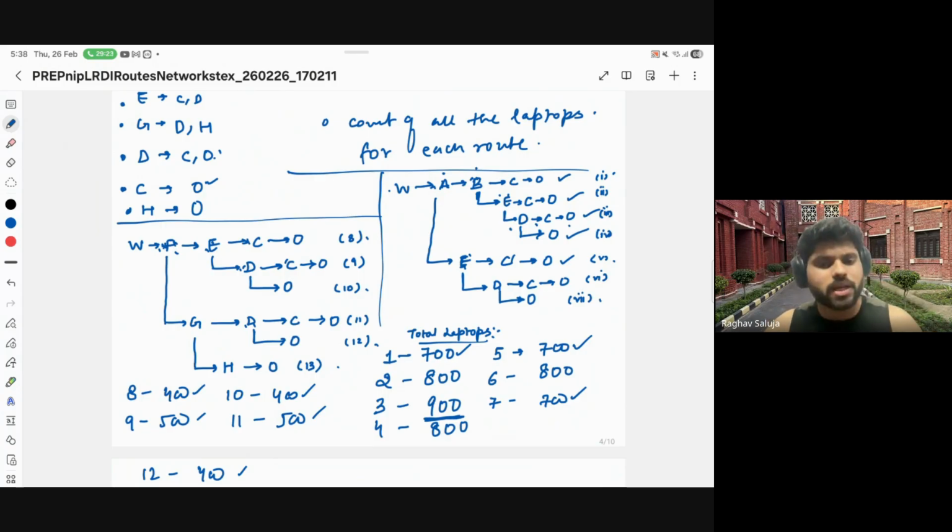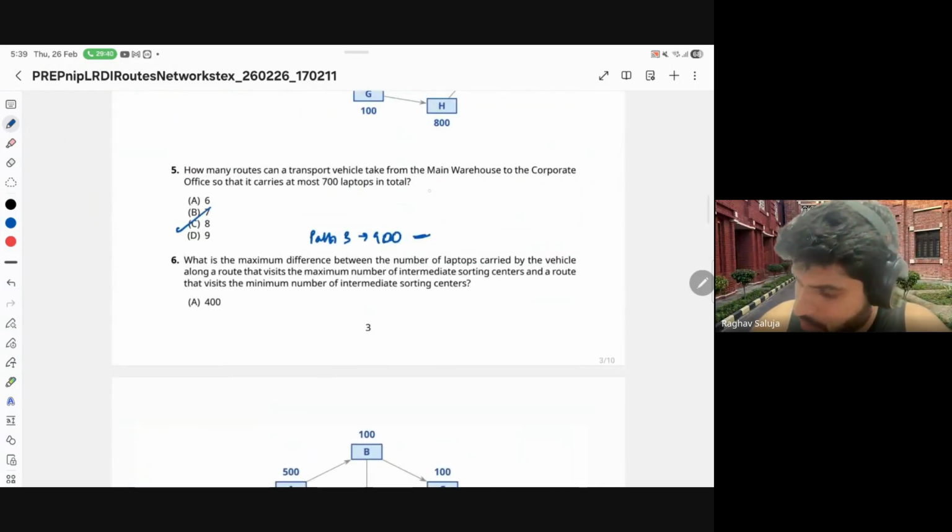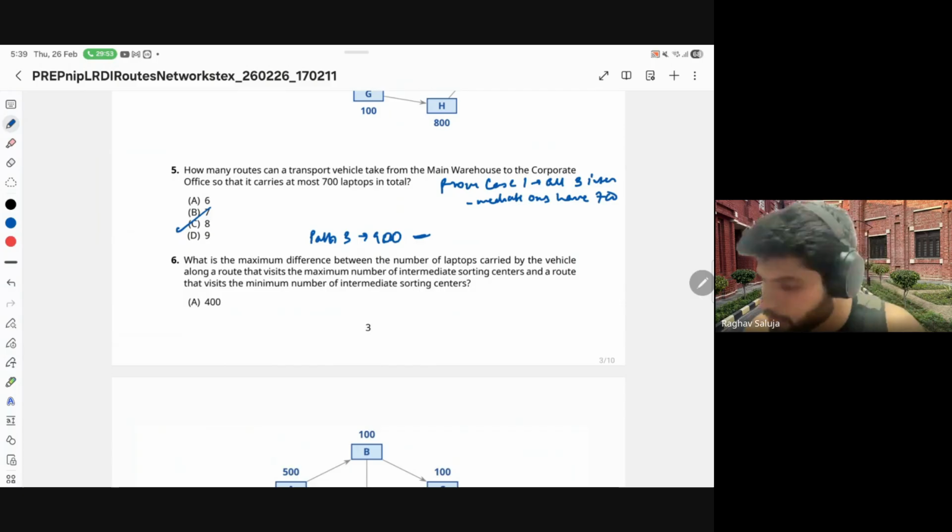ये सारे paths have 3 intermediate nodes, right? So now let's see कि इनकी values क्या है. 1 की value 700, 5 की value भी 700, 7 की value भी 700. So from case 1, all 3 intermediate ones have 700.